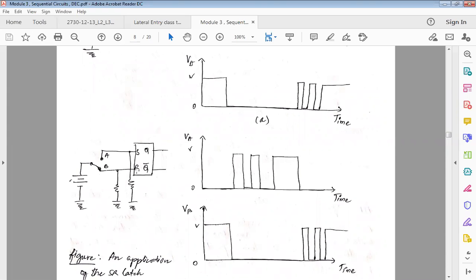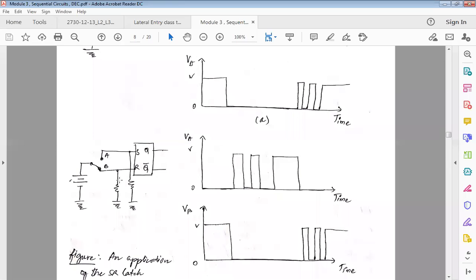So say it gets connected for a small amount of time. So here it is getting connected for a small amount of time. When it gets connected for a small amount of time, that can be nullified because of this resistor here.